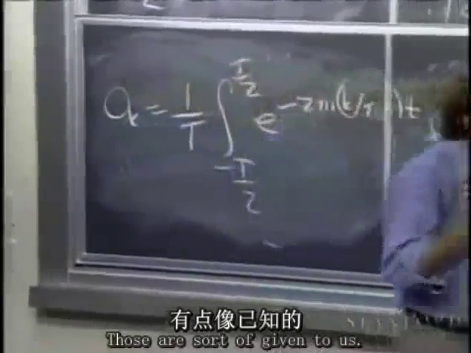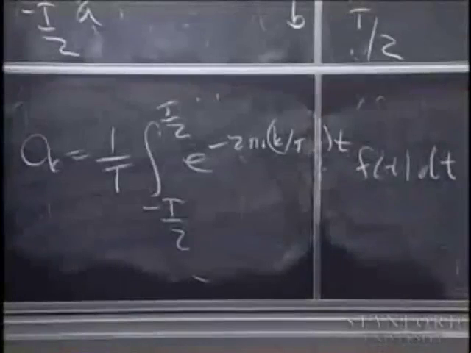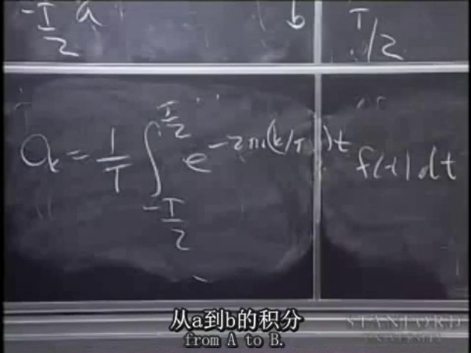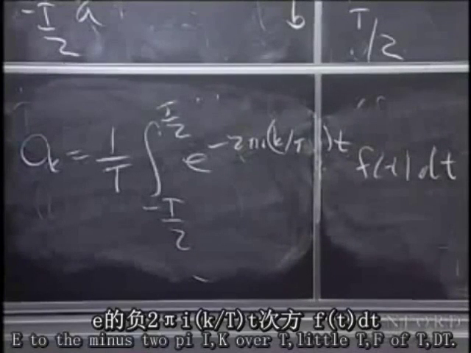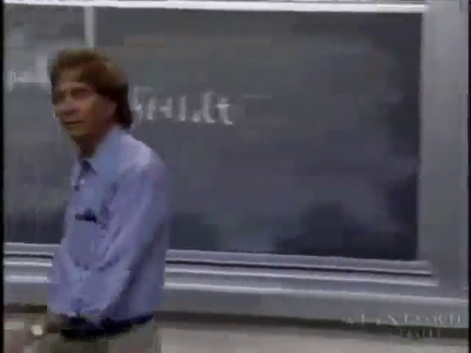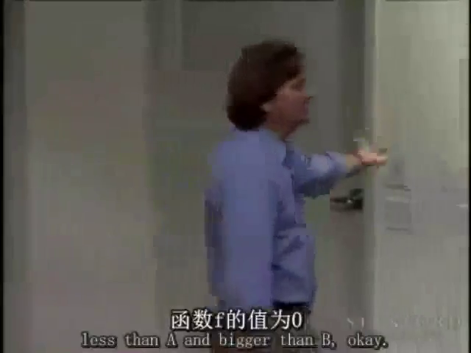Those are given to us. So this is equal to 1 over T times the integral from a to b of e to the minus 2 pi i k t over T, f of t, dt, because the function f is 0 less than a and bigger than b.